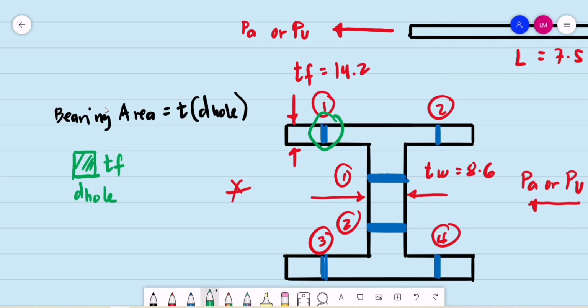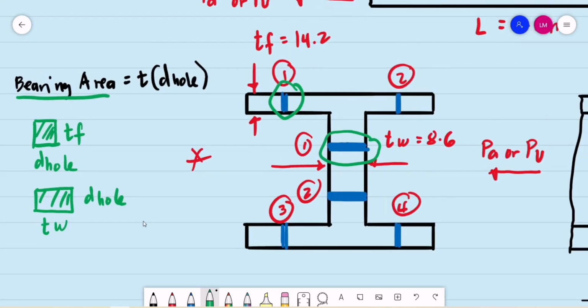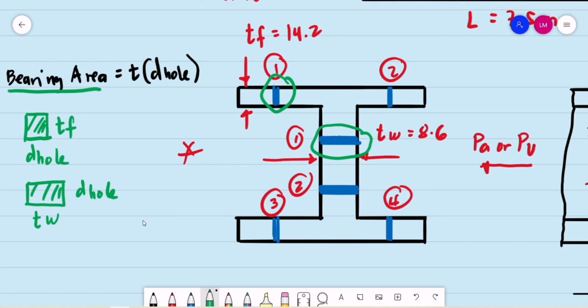The same with the web: its height is the diameter of the hole, and its length is the thickness of the web. Basically, we have areas of rectangles. I think from our strength of materials, we call them the bearing area. So we have 4 areas on the flanges, that is, 1, 2, 3, 4 on both flanges, and 2 areas for the web.